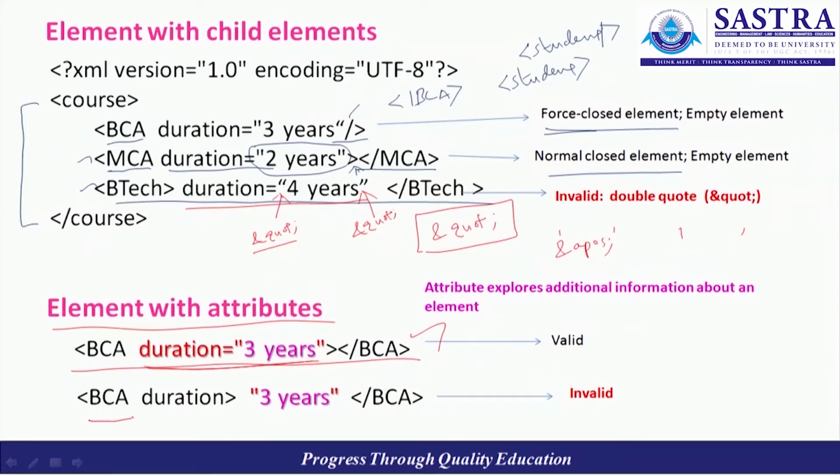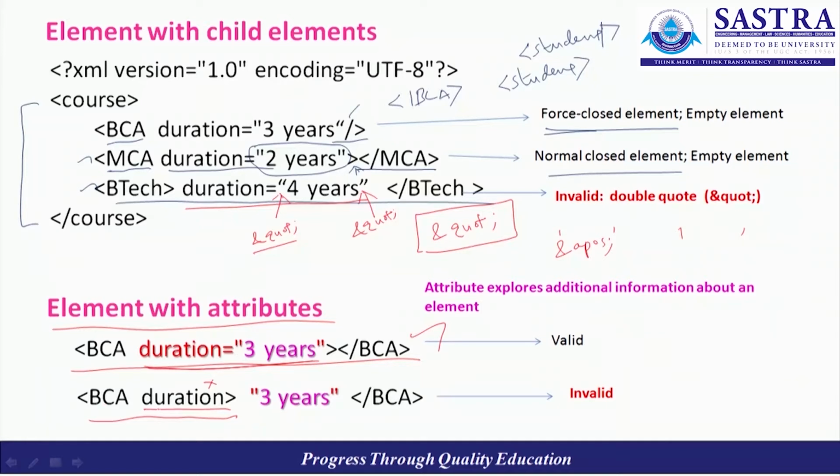Second, BCA, space, duration has been given. The duration is assumed as an attribute, but the value is missing. So duration equal to, within double quotes, 3 years or 2 years, depending on the element we have taken, can be given.